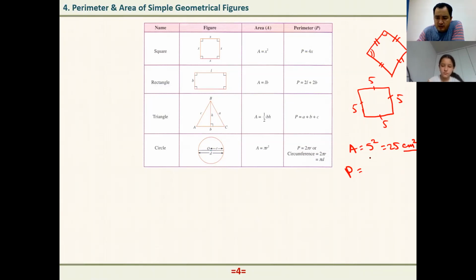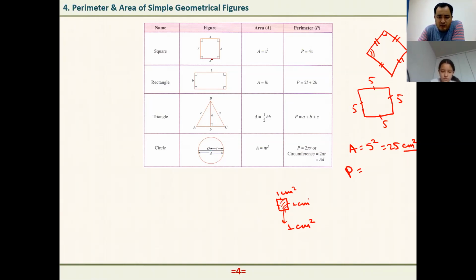And what we mean by the area, that means that if you are given a small square, okay, and all sides are equal, and one side equals 1 centimeter, 1 centimeter, and this one is 1 centimeter. And what is the area of the square? The area is 1 centimeter squared, okay? And that is the basic measurement that we use to measure the area.